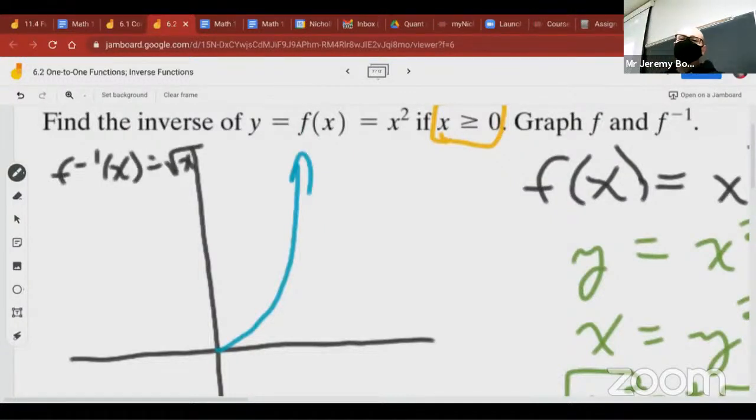If I wanted to graph the inverse function there, what do you think it's going to look like? Kind of a tough one.